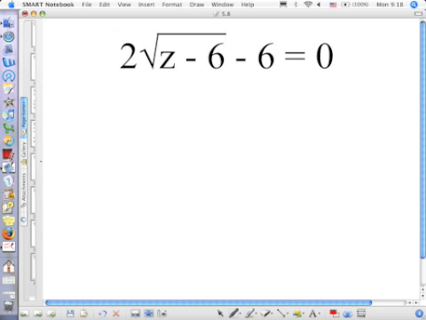There are 2 steps involved in isolating this radical. 2 times the square root of z minus 6, then you have minus 6 equals 0. James, what should you do first?